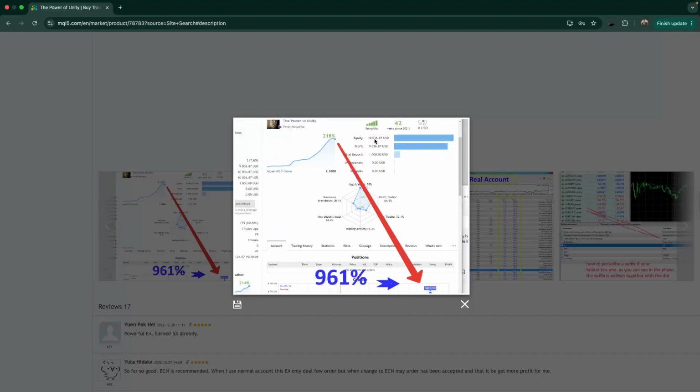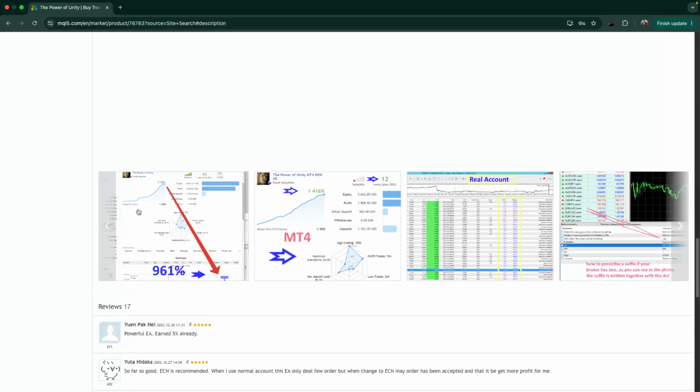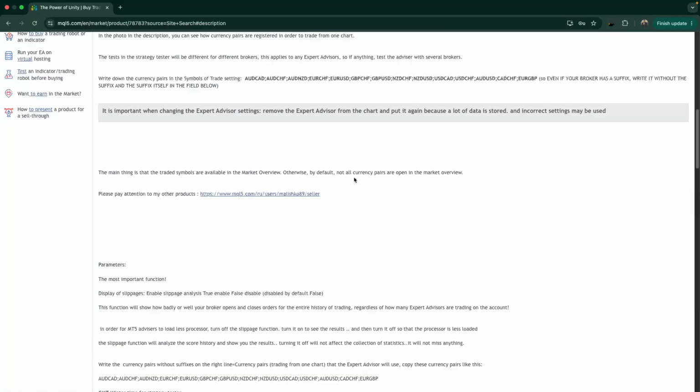We have this one which was running for 42 weeks and we are seeing 218%, even though it got to a high of 961%. All of these are numbers that they preach from their live signals, which is no more live, which they've taken down.